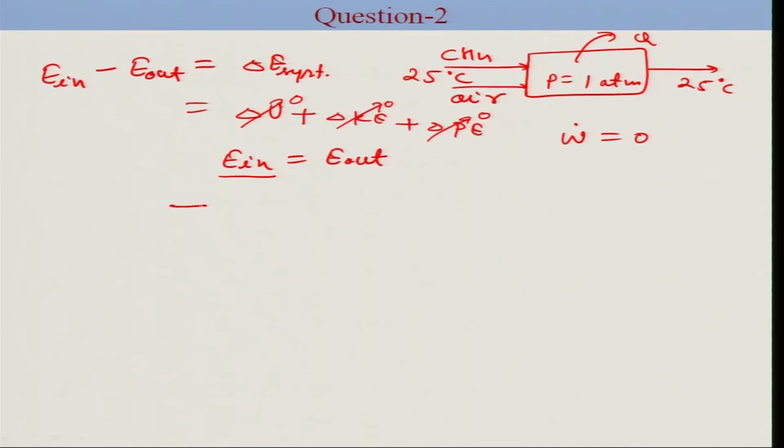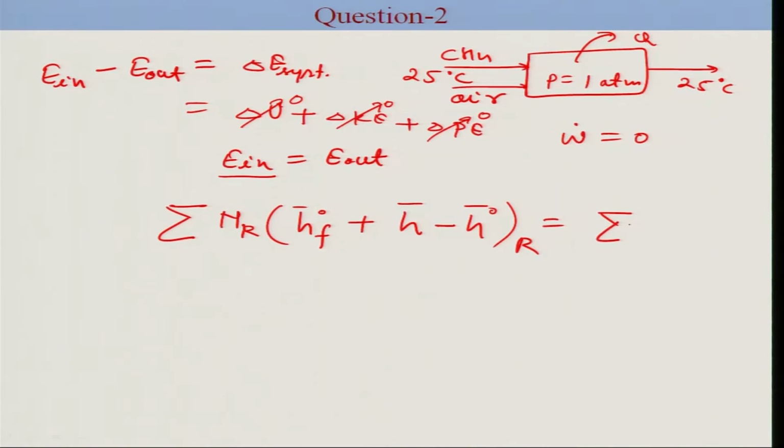The heat of reactant is the number of moles of reactant times enthalpy of formation of reactant at the reference temperature plus enthalpy at working temperature minus enthalpy at reference temperature, which will be equal to the number of moles of product stream times enthalpy of formation plus enthalpy at working temperature, that is H minus H naught of the product.